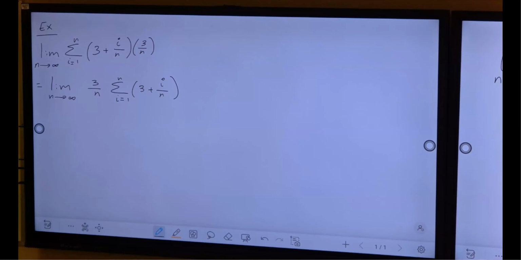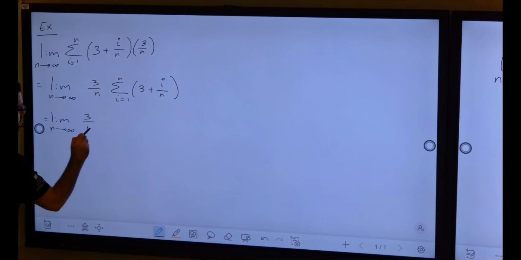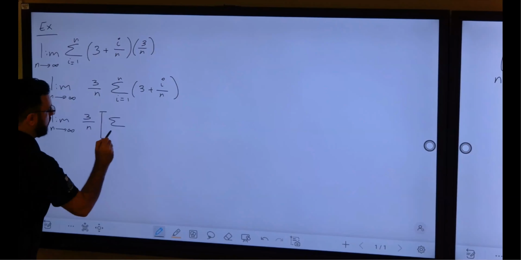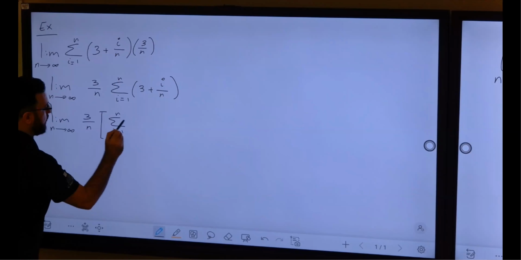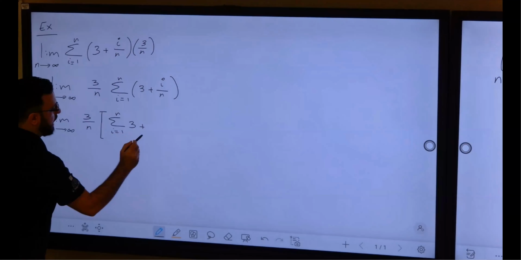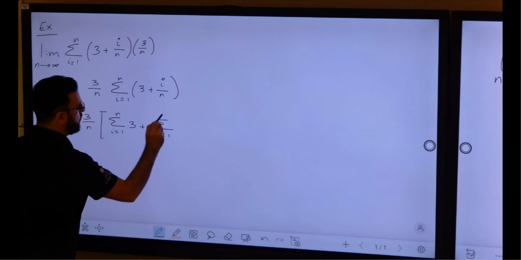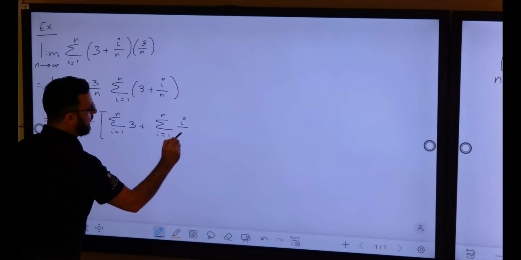Now, what's the next step? Separate them. So here is the limit, and here's the 3 over n. Open the bracket. It's the summation from i equals 1 to n of 3, plus the summation from i equals 1 to n of i over n.